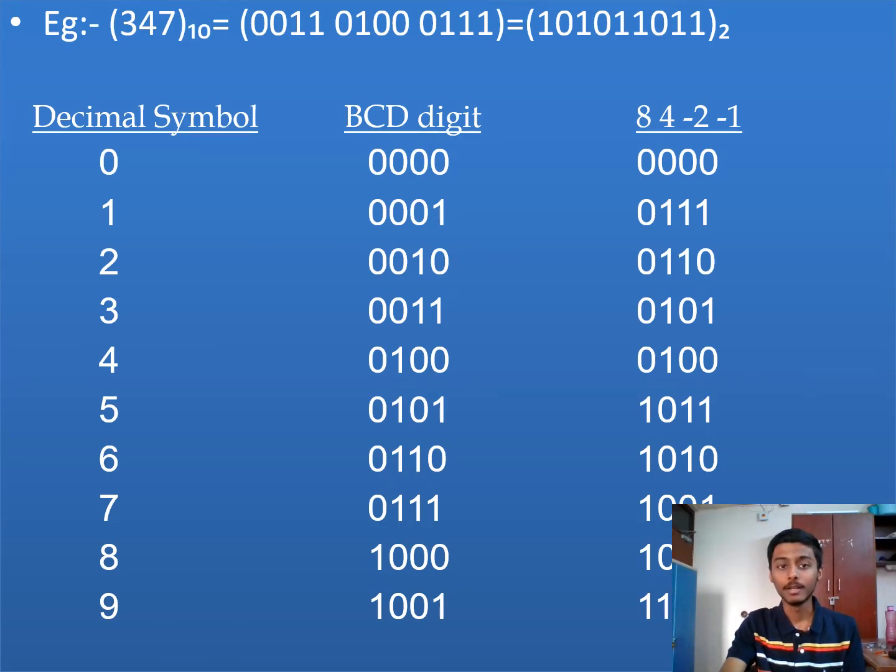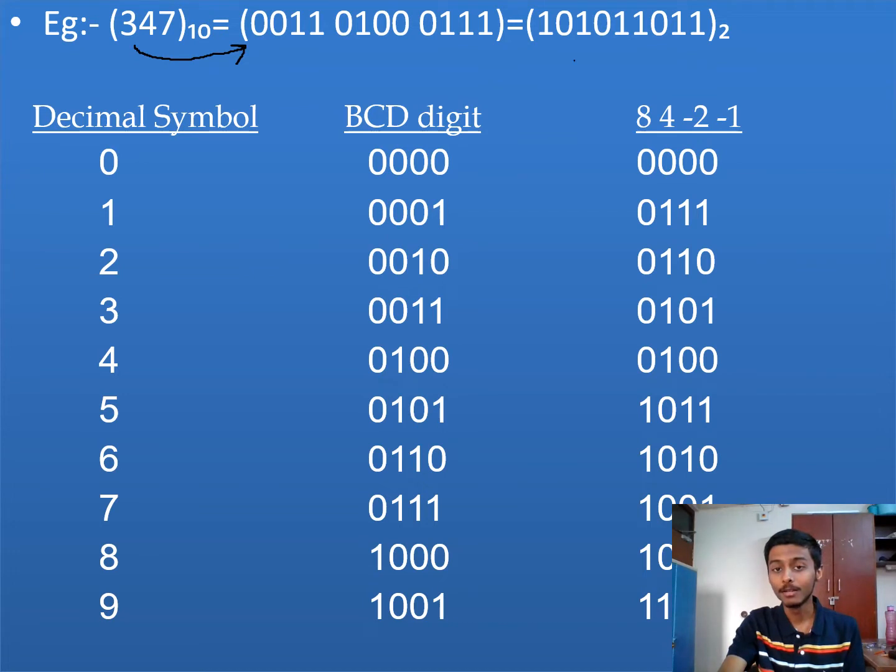So here we take an example. For example, the number 347. It's a decimal number. First we represent this number in its BCD equivalent. We will write the BCD form of each decimal digit: BCD equivalent of 3, BCD equivalent of 4, and similarly BCD equivalent of 7.